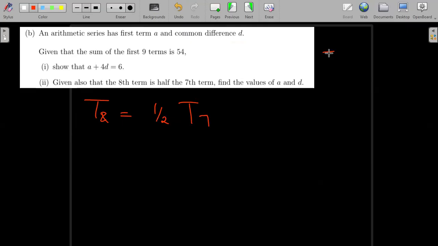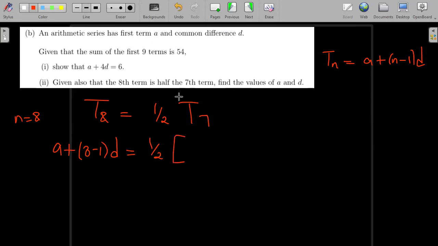But we know that the nth term is actually equal to A plus n minus 1, and then D. All right, so here on my left-hand side, my n will be 8. So the 8th term is A plus 8 minus 1, and then D is equal to half.